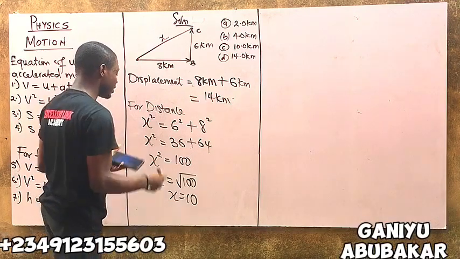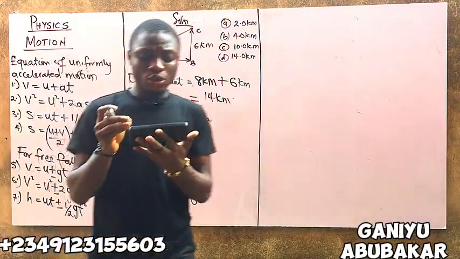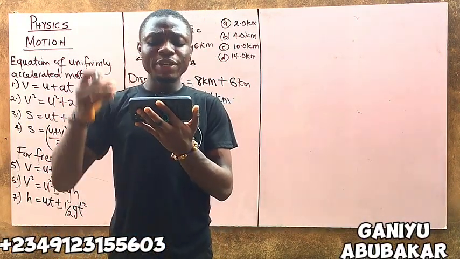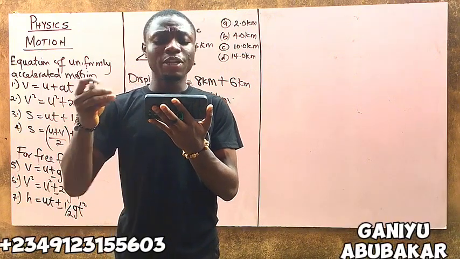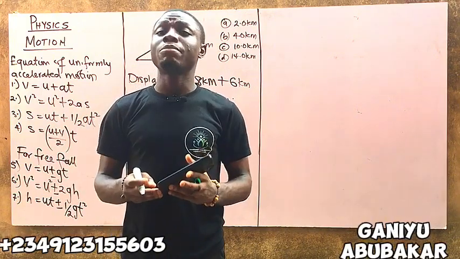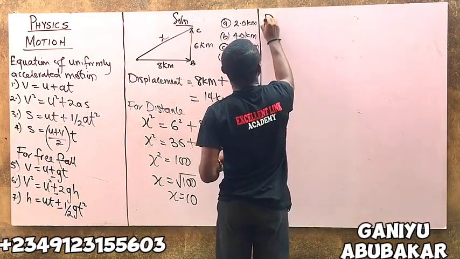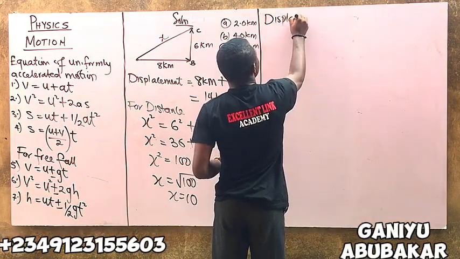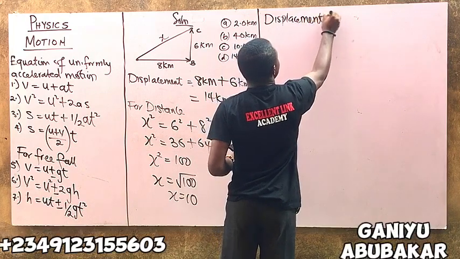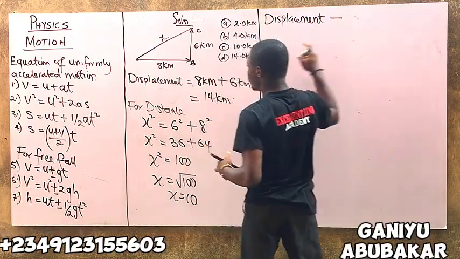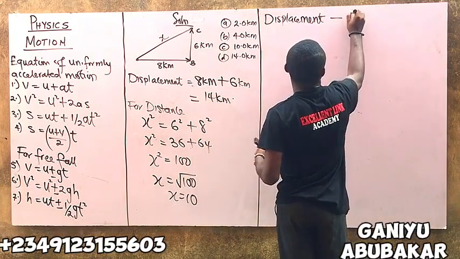So the question says, determine the difference between the magnitude of displacement of the body and distance by him. So I'll simply take displacement minus distance, which will give me what I want.